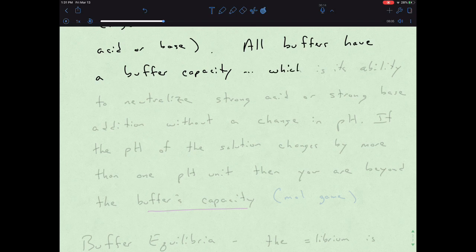And this is just its ability to neutralize strong acid or strong base additions without a change in pH.